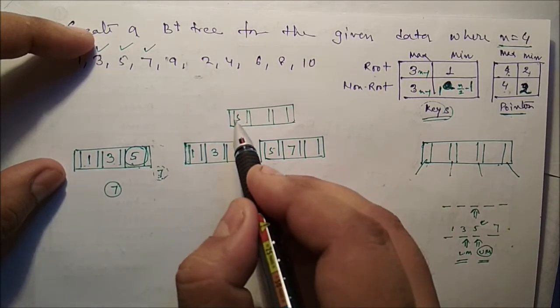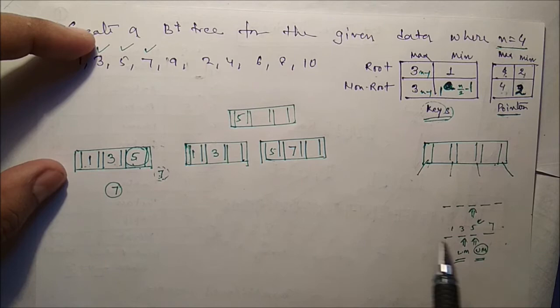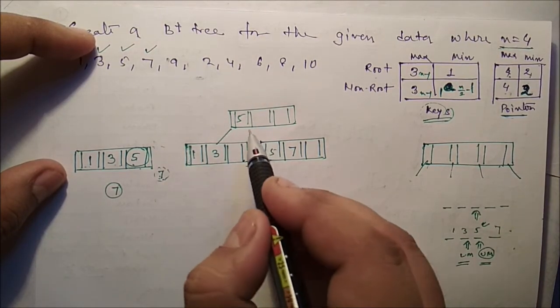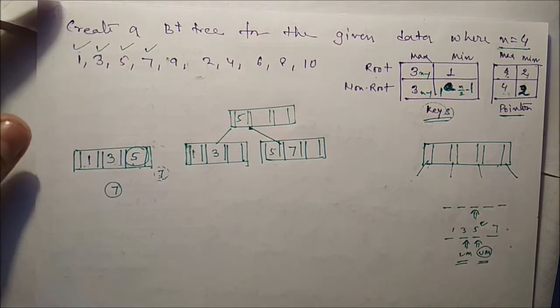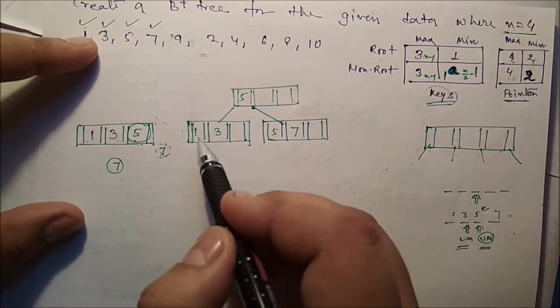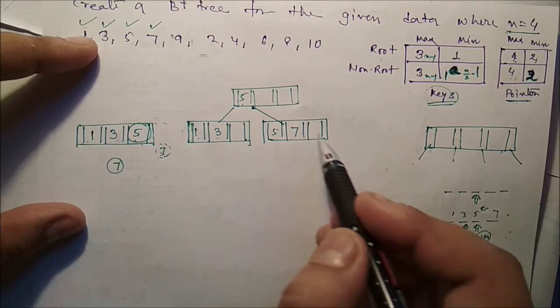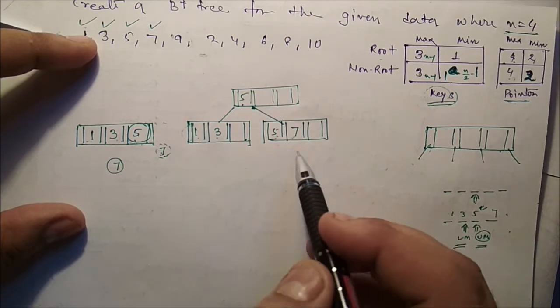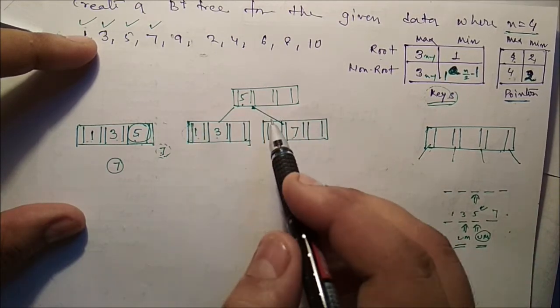We have just seen this parent is the upper median value, so this is 5. So here we can connect these 2 nodes. The left part is 1 and 3, less than 5, and the right part is 5 and 7, greater than or equal to 5. So it is a B plus tree as well as a binary search tree.